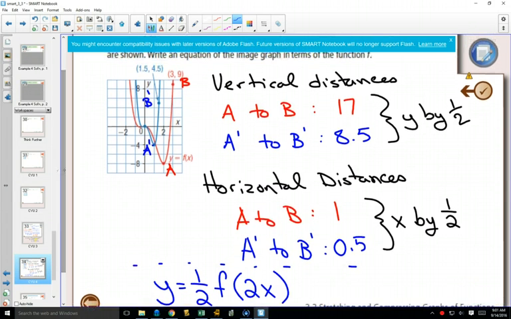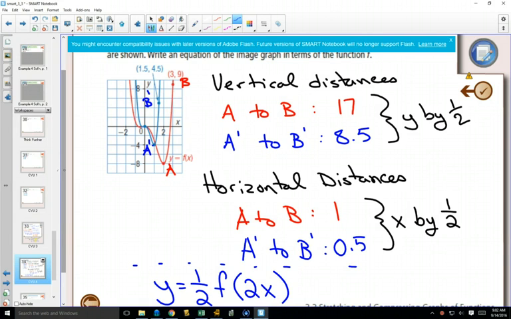So this one is probably the most complicated question we've looked at so far, in that you've got two graphs, and we have to come up with this strategy of looking at corresponding points and how far was it originally from 2 points, A to B, and how far is it now? Same thing with the horizontal distances.